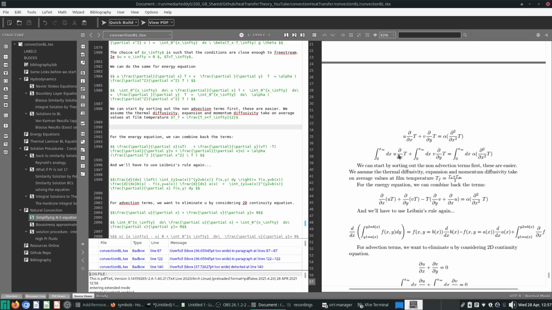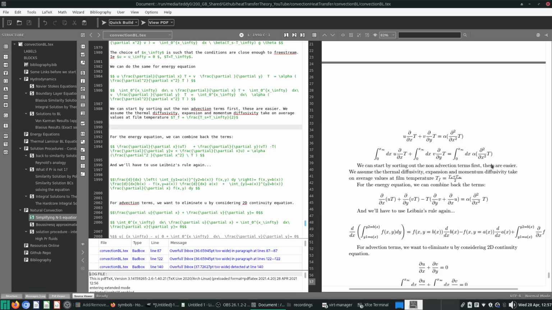You don't want to integrate u del T del x. You rather integrate del by del x of uT, and del by del y of vT, because you won't need to think about the product rule. So we make life easier for ourselves.